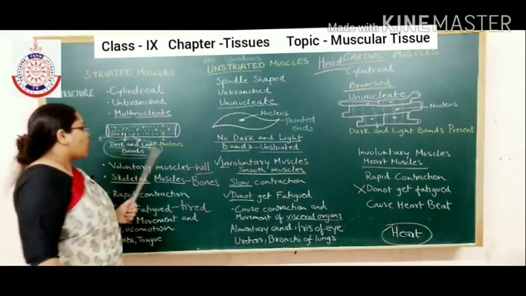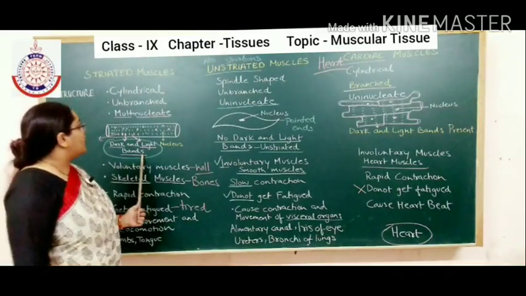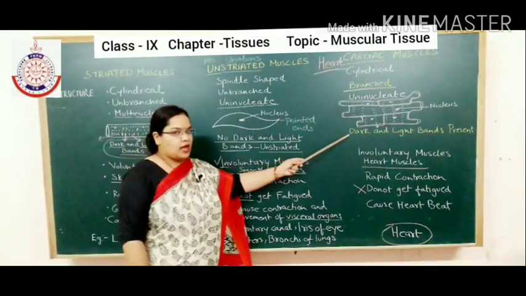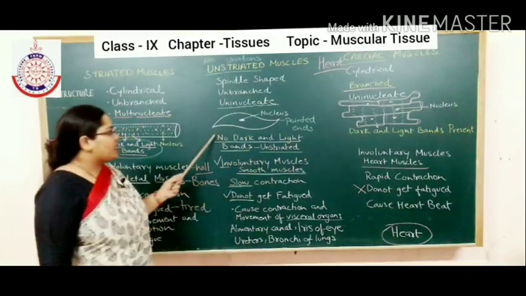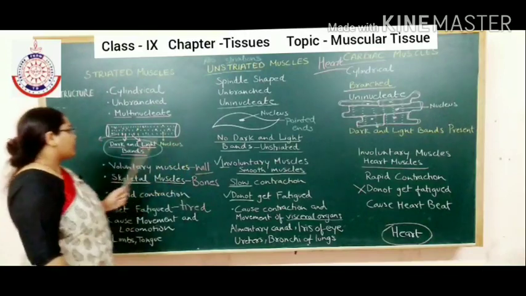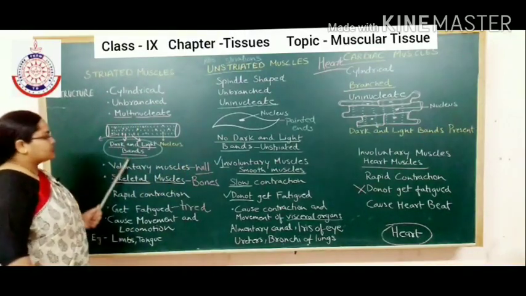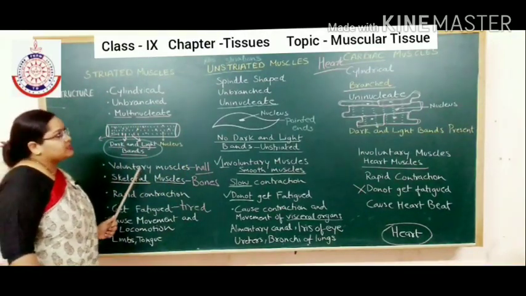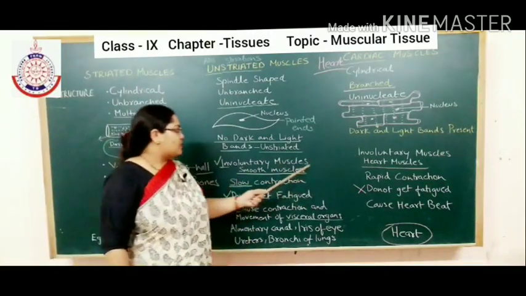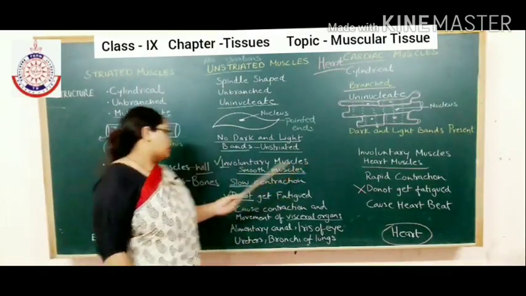Then alternate dark and light bands are present in striated muscles and cardiac muscles, but they are absent in unstriated muscles. Then striated muscles are voluntary muscles, unstriated and cardiac muscles are involuntary muscles.